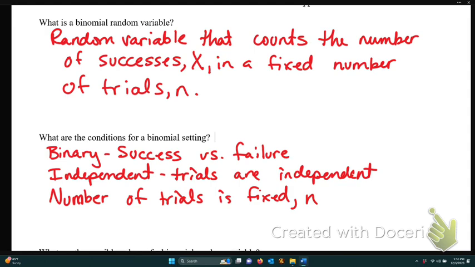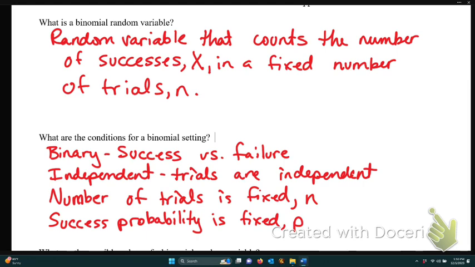Before you even start, you have to decide, I'm going to pick 10 people. I'm going to roll the die 100 times. Whatever it is, you have a set number of trials. And then your success probability is fixed. And this is going to be a P for probability, okay? So, success probability is fixed.